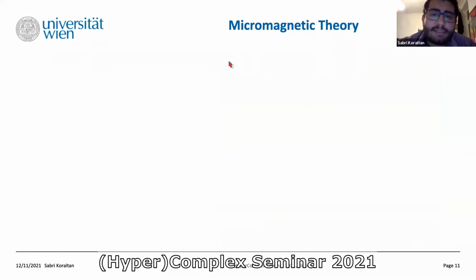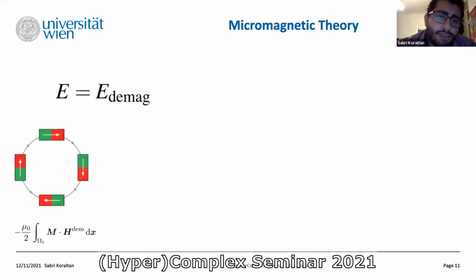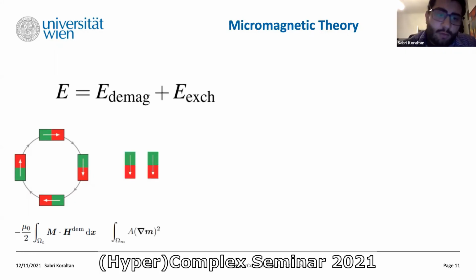And in this case, we can also approximate all the other energy contributions, starting with the demagnetization energy, which is the dipole-dipole interaction between the elementary magnets. So if we have 4 magnetic moments, they would tend to join their magnetic fields and build closed loops. Then we have the exchange energy, which is just the Heisenberg exchange, so it favors a parallel alignment of the magnetic spins.